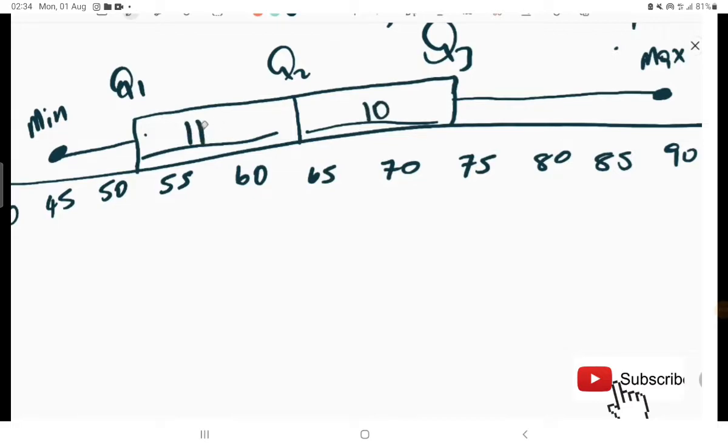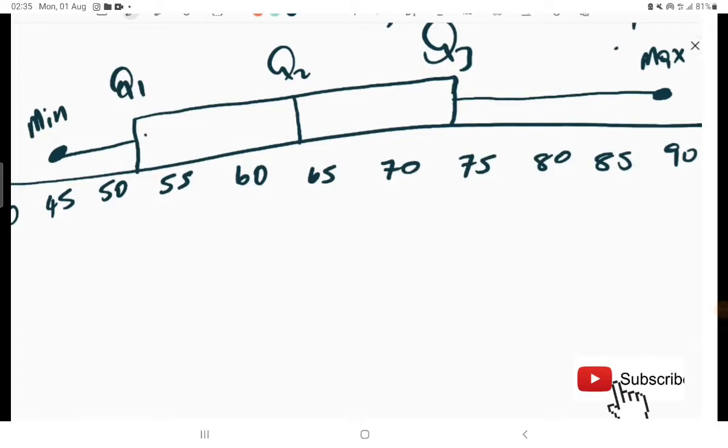So the median is closer to Q1 than Q3, and there is a bigger space on this side. That means if this was a test, learners have failed, because many learners fall below the median, while fewer learners fall above the median.